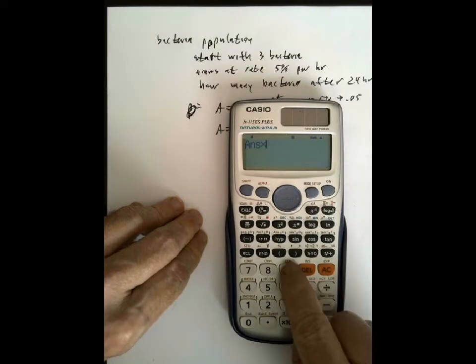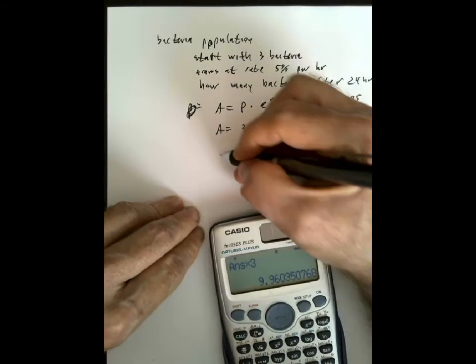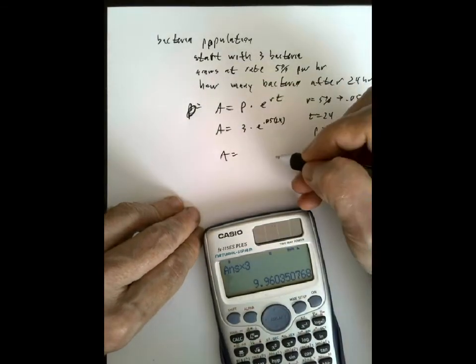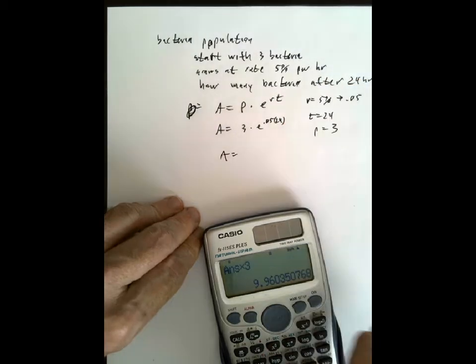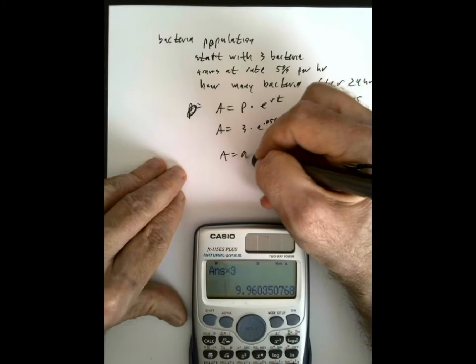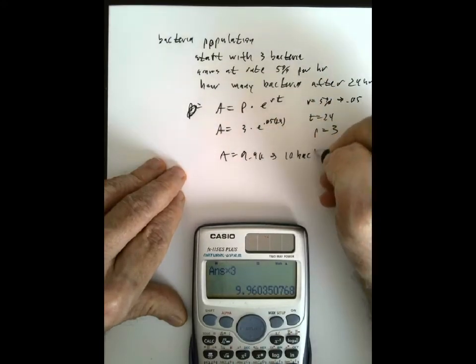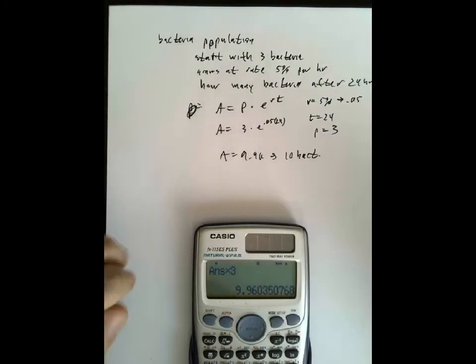Times, and we started with 3 bacteria, and that's going to be about 9. So A, the amount after 24 hours, would be 9.96, which we're going to round off to 10 bacteria. Does that make sense? Okay.